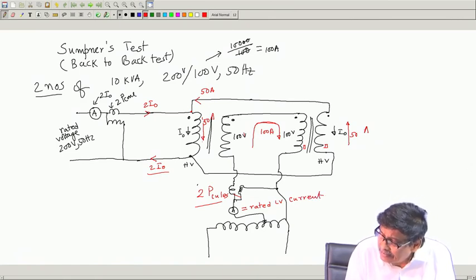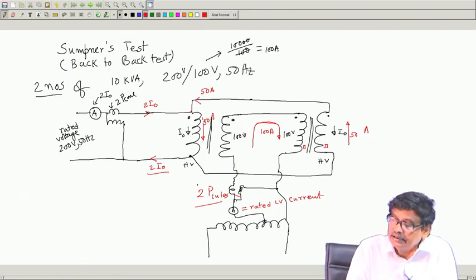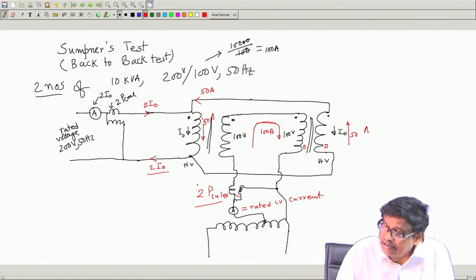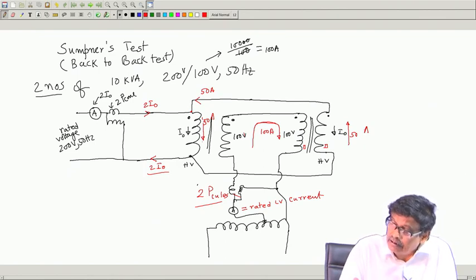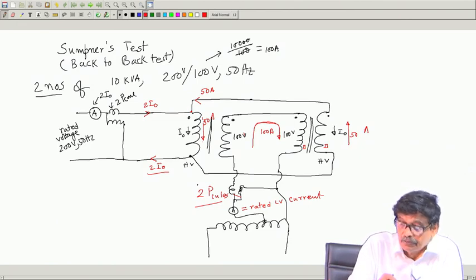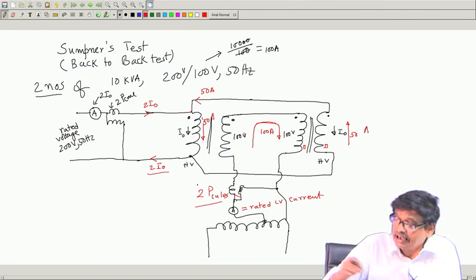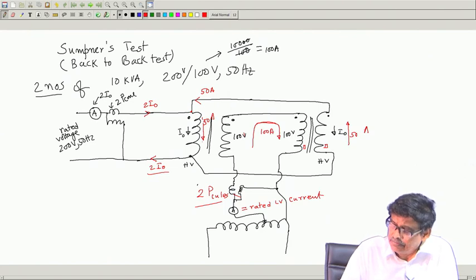So, apply such a small voltage. Why will a small voltage generate large current? It is because of the fact that net EMF acting in this circuit was 0, 100 volt which was caused by this application of 200 volt here, they always cancel out, and therefore, you can pump current now into this network. So, it will read P copper loss.